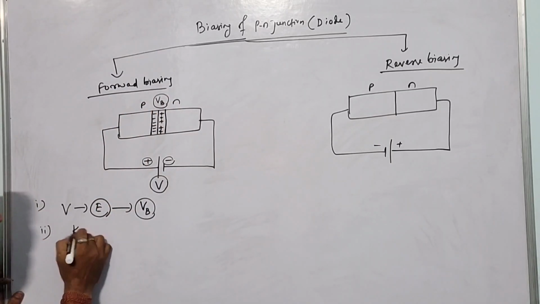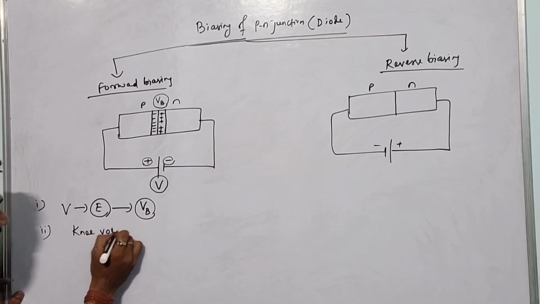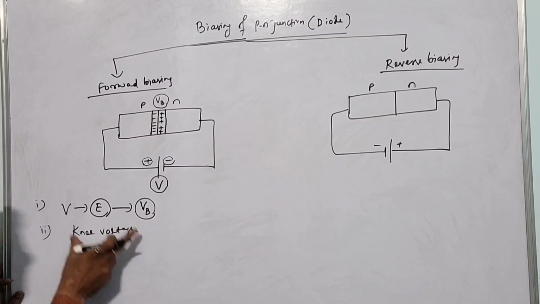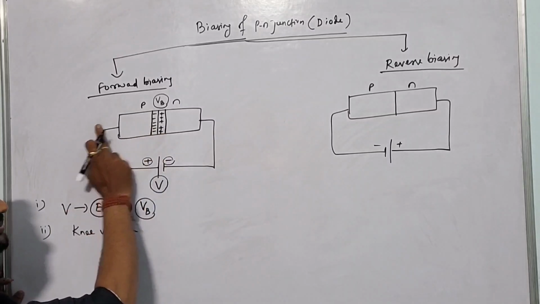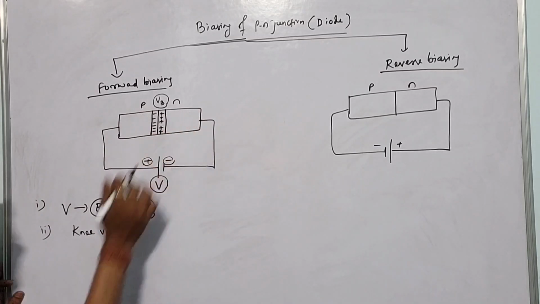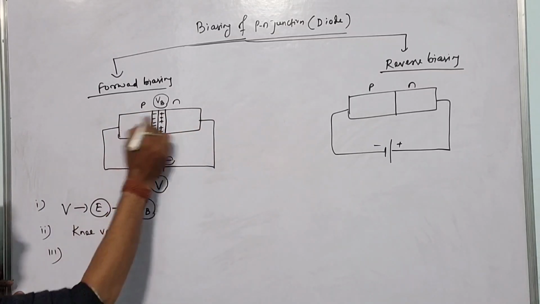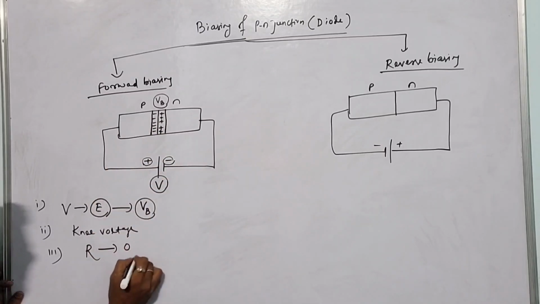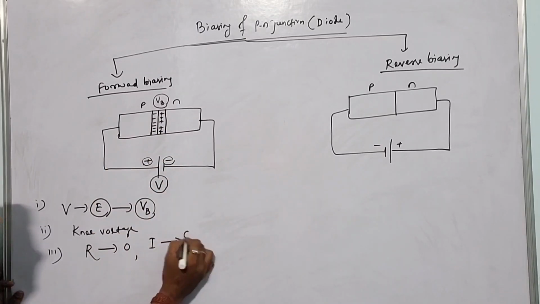So that voltage is called knee voltage. It is the threshold voltage, or minimum voltage, which is required to break that junction. So once that junction breaks, what about the internal resistance of that junction? The resistance becomes zero. Then it can easily conduct current.